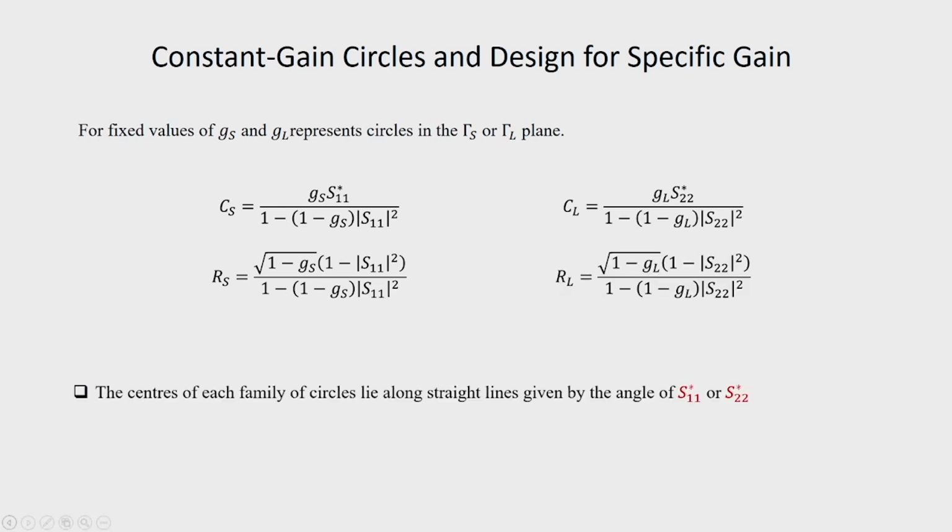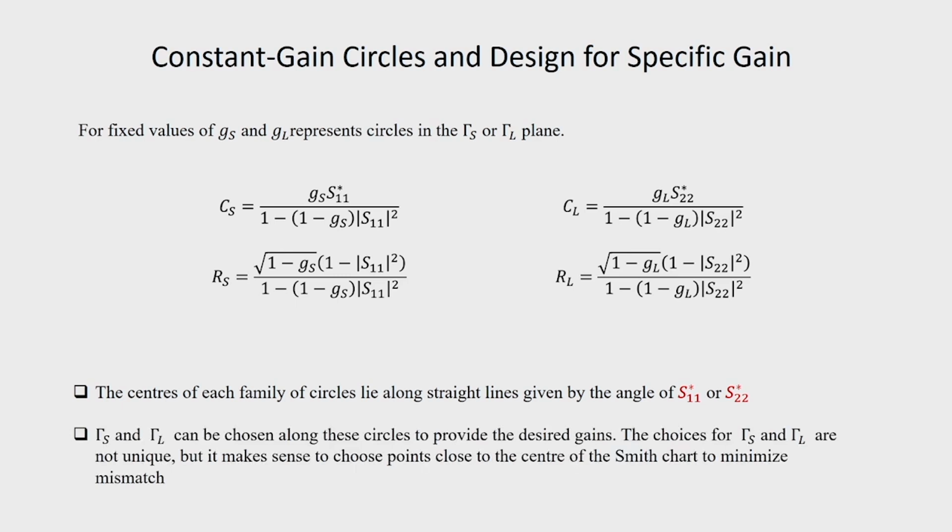So, for different values of Gs and Gl, we can have a family of constant gain circles, and the centers of each family of circles lie along a straight line given by the angles of S11 conjugate or S22 conjugate.